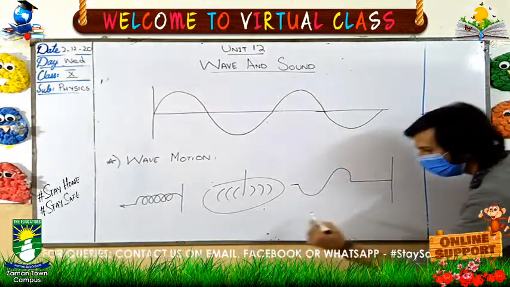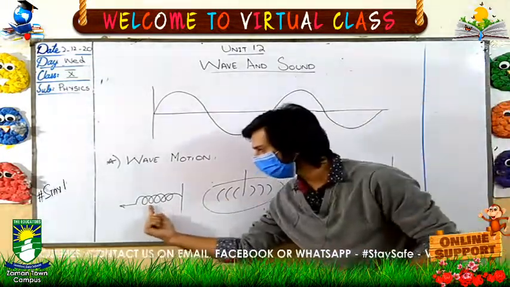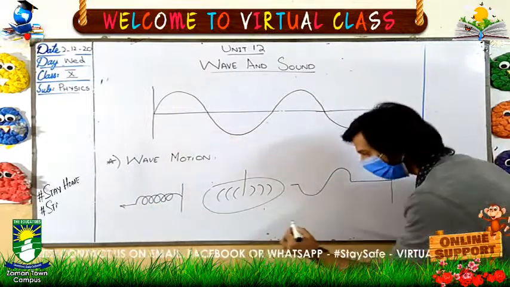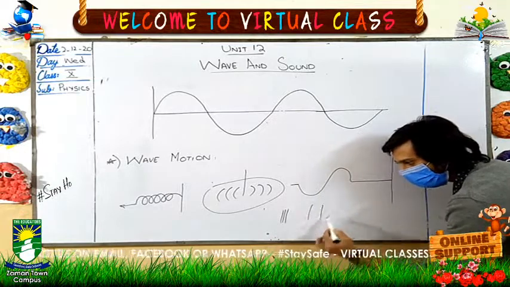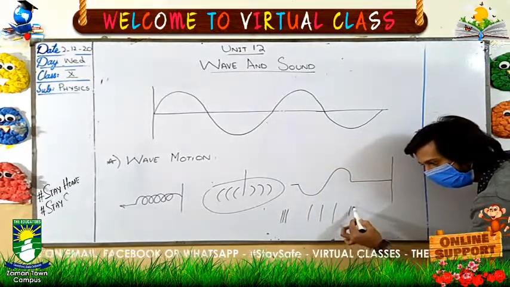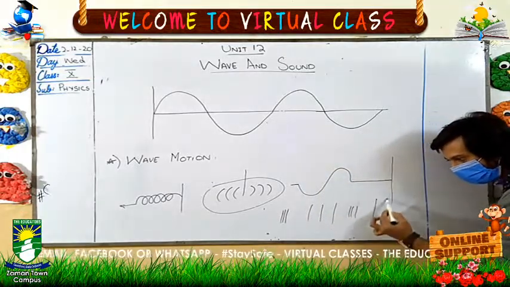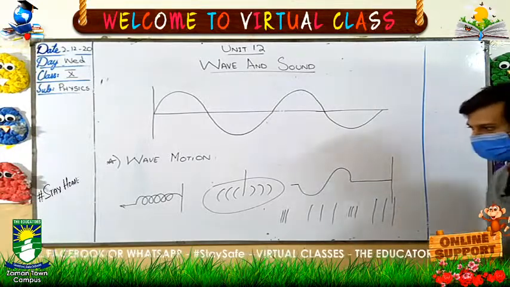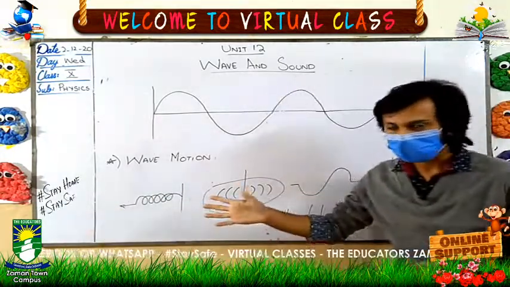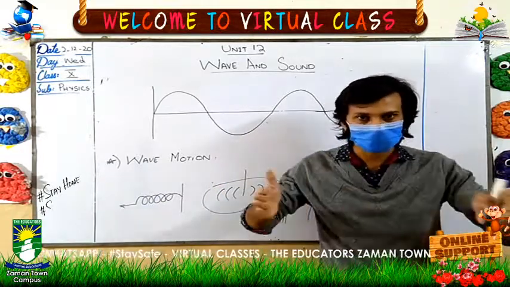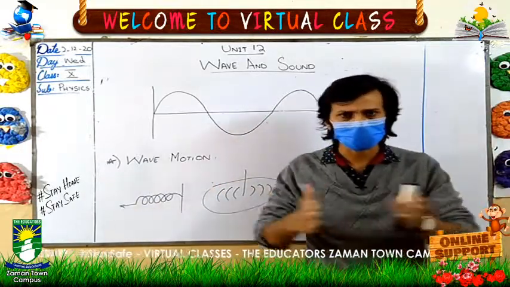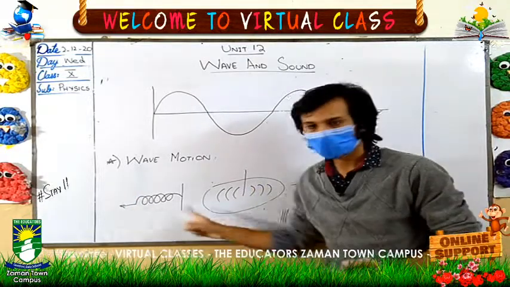Just consider the movement of this part of the spring like this. In some places it is like this, then it will extend, then like this, then again it will extend. As I pull the spring and leave it, it will contract first, then again expand. This happens because of repeated motion.